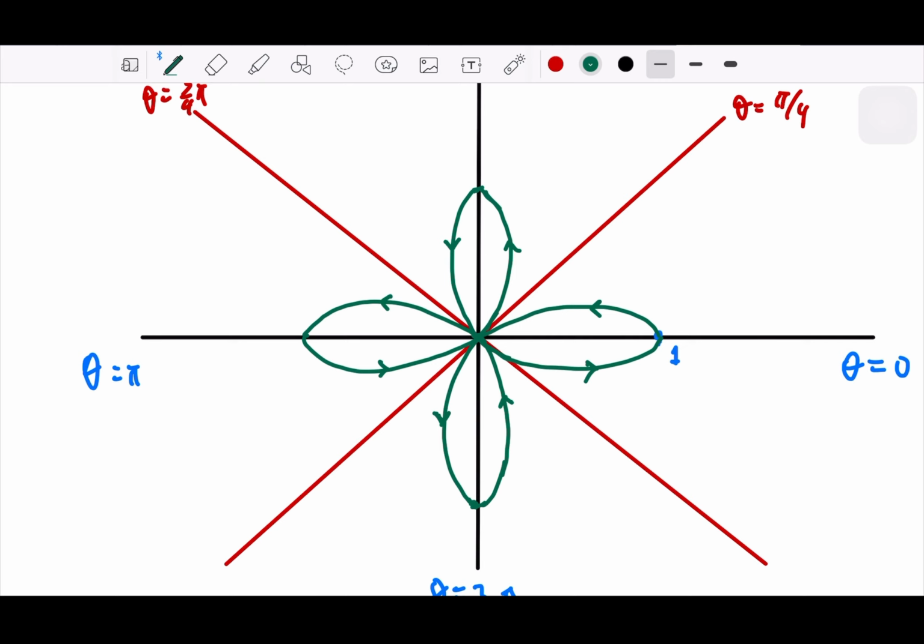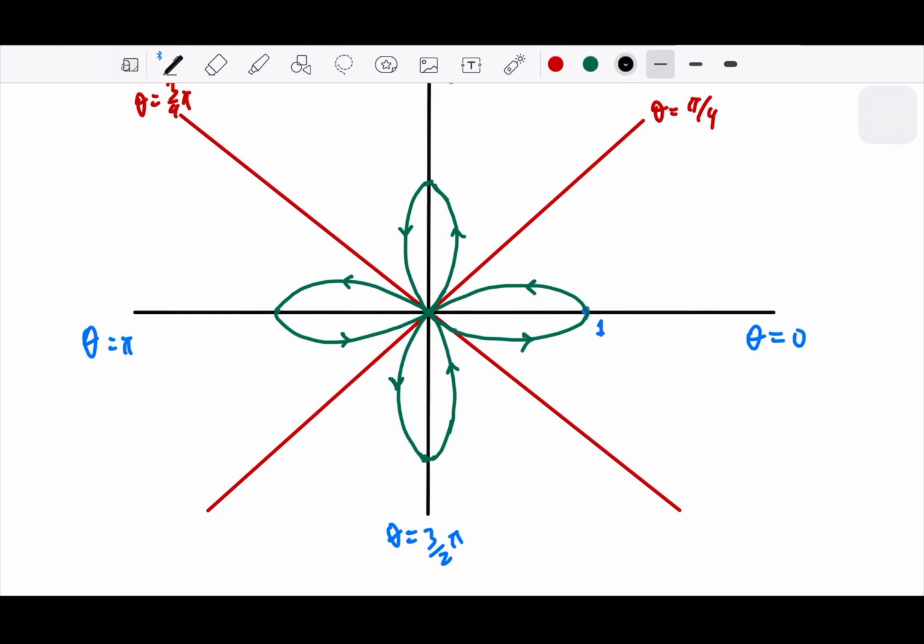Yeah, so it becomes like a flower. We call this a rose. Because it has 4 leaves, we call it a 4-leaf rose.